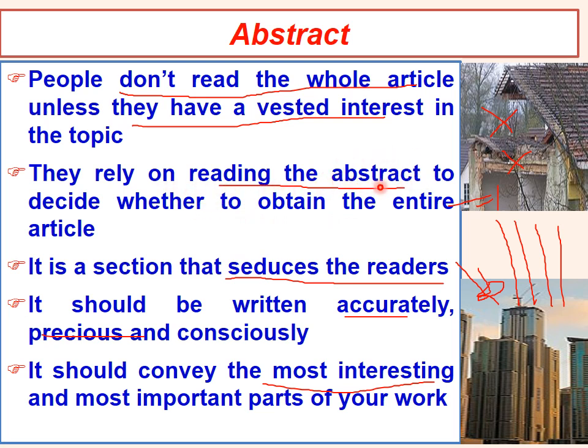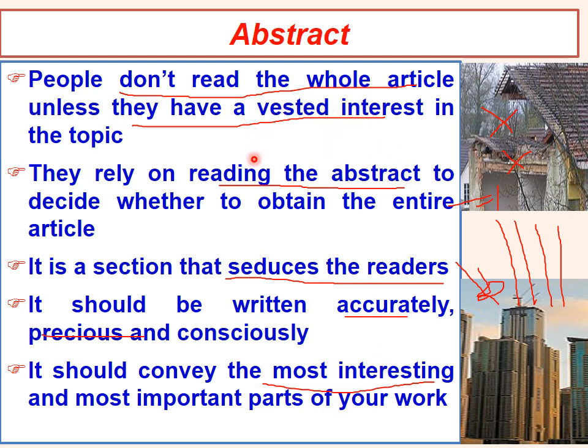Reading this abstract, they will then decide to go in or not. Therefore, an abstract acts as a seducing mechanism for readers. So it should be accurate and precise, and it should be written in such a way that it conveys the most interesting and most important parts of your work.